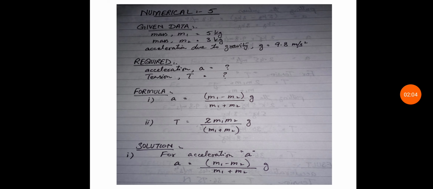Now for acceleration we write its formula, and by putting the values we get a equals to m1 5 kg minus m2 3 kg into g, that is 9.8 meter per second square, divided by m1 5 kg plus m2 3 kg.